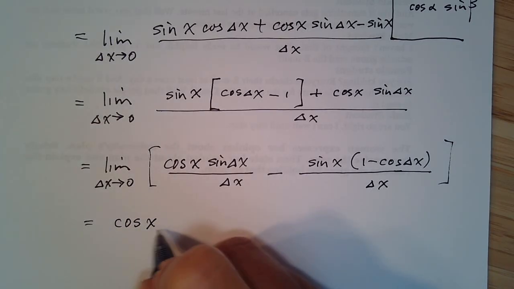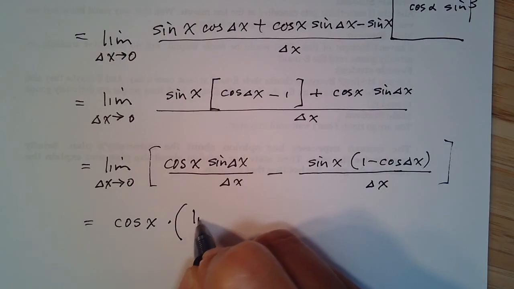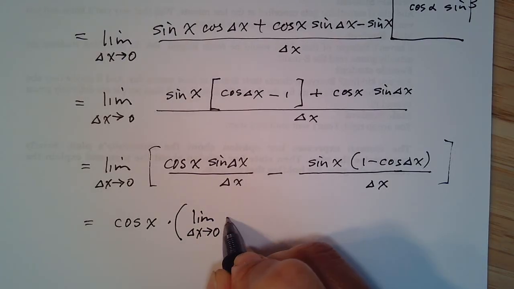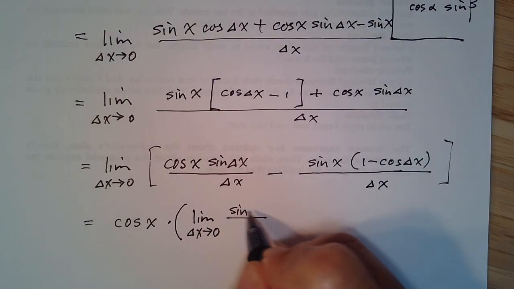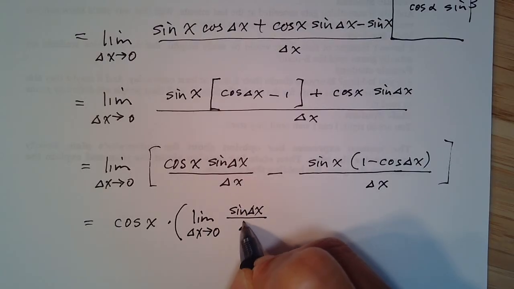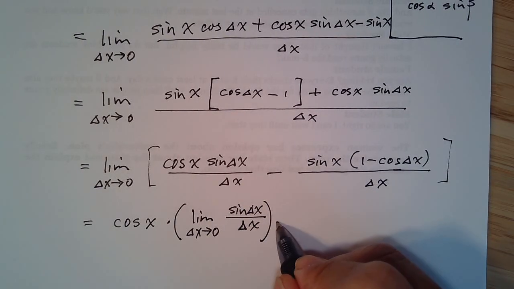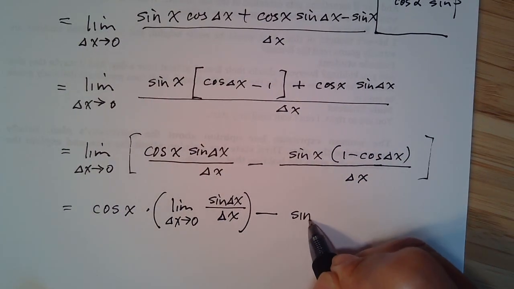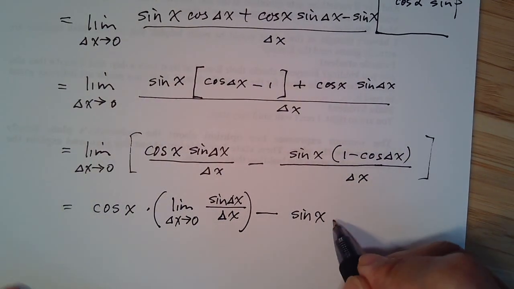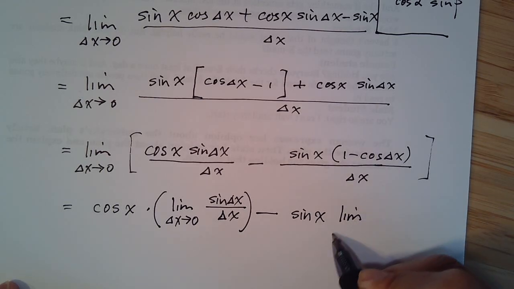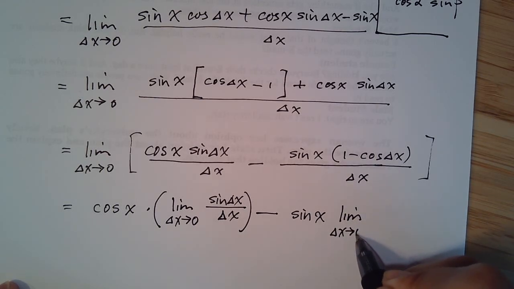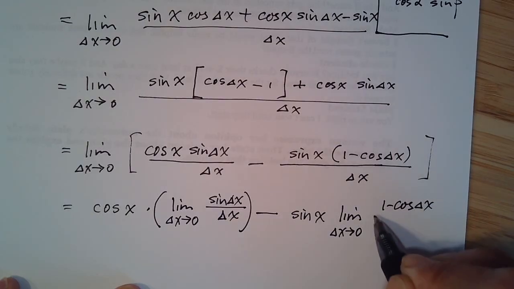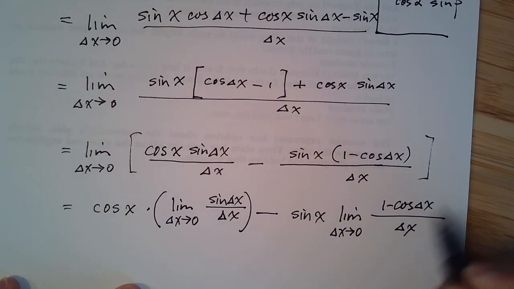Or we can say cosine x multiplied by the limit as delta x approaches 0 of sine delta x over delta x. Then I minus, and I take the sine x out, because this has nothing to do with the delta. So I go limit as delta x approaches 0 of 1 minus cosine delta x over delta x.